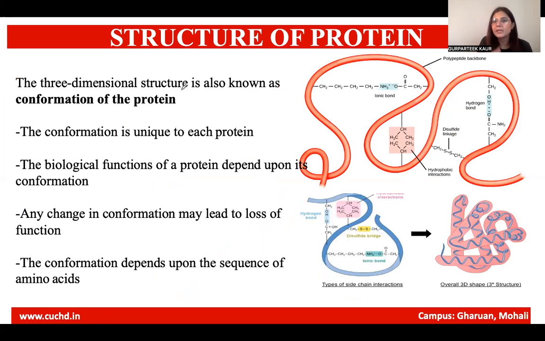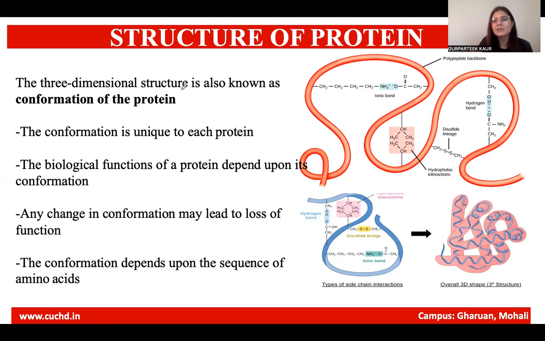Now, the three-dimensional structure of the protein, that is the active conformation, we also call it the native conformation. Why do we call it the native conformation or the active conformation? Because the tertiary structure of the protein is the one that is exhibiting its function inside the biological body. For example, if there is an enzyme, you know that enzymes are proteins.